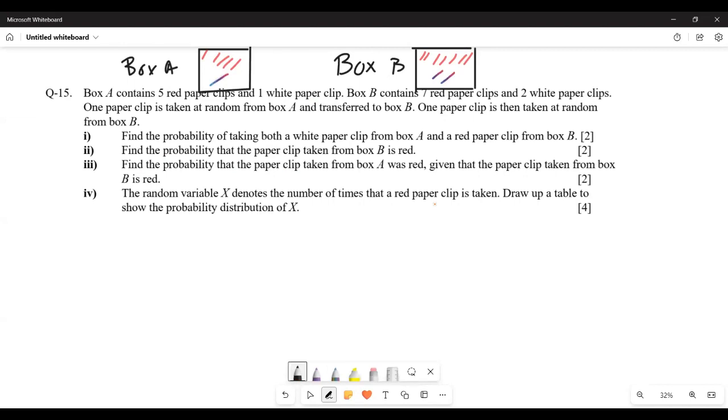1 paper clip is taken at random from box A and transferred to box B. 1 paper clip is then taken at random from box B. Find the probability of taking both a white paper clip from box A and a red paper clip from box B. So you have to find the probability that from box A a white paper clip is drawn, and a red paper clip is drawn from box B. What is the probability of getting a white paper clip from box A?